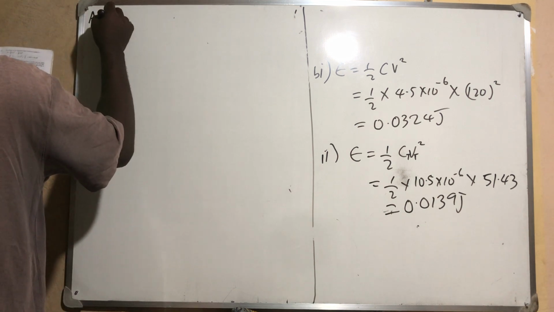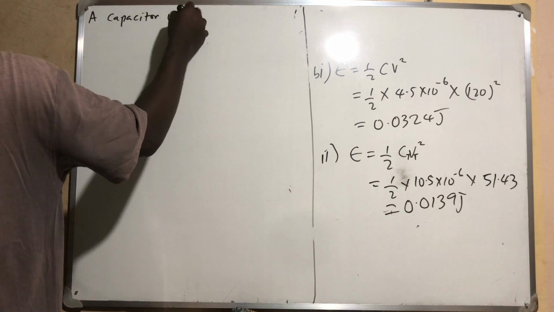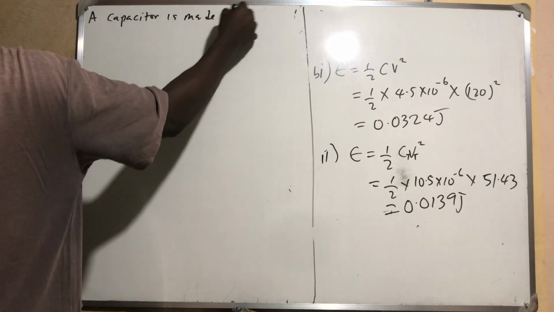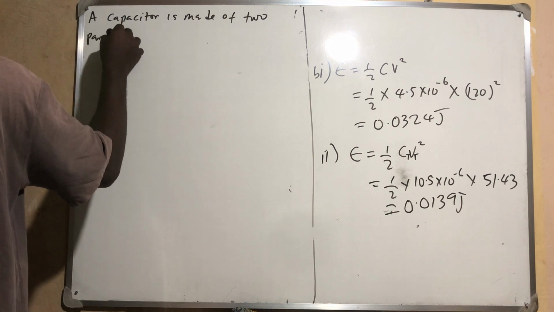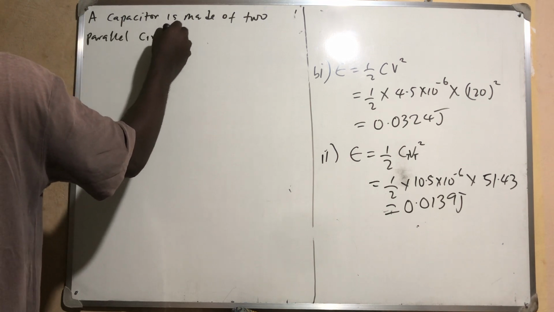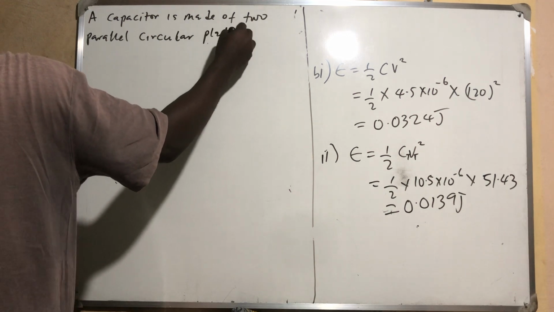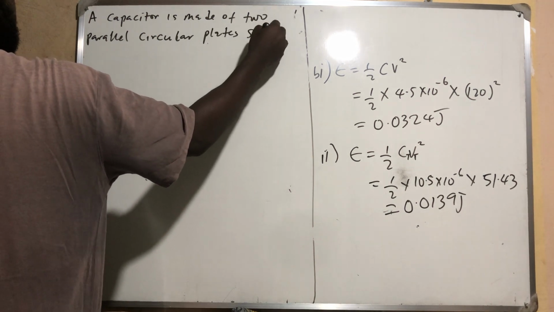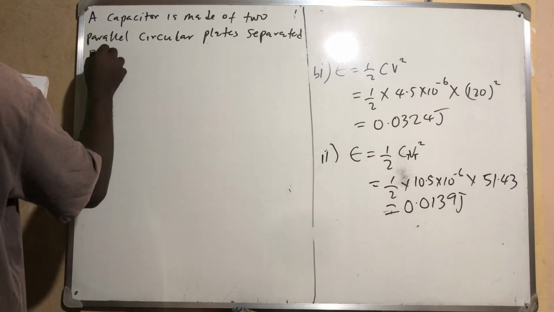So a capacitor is made of two parallel circular plates separated 3 millimeter apart.